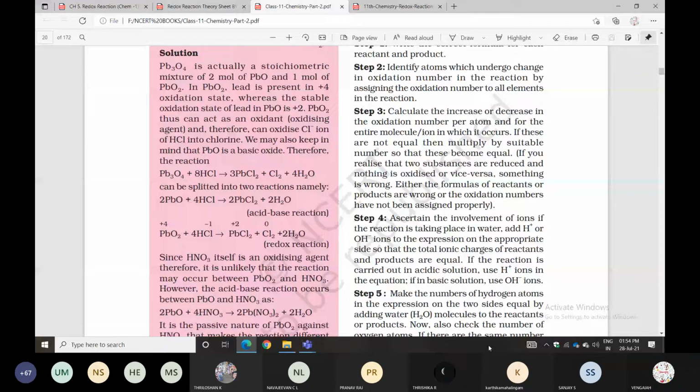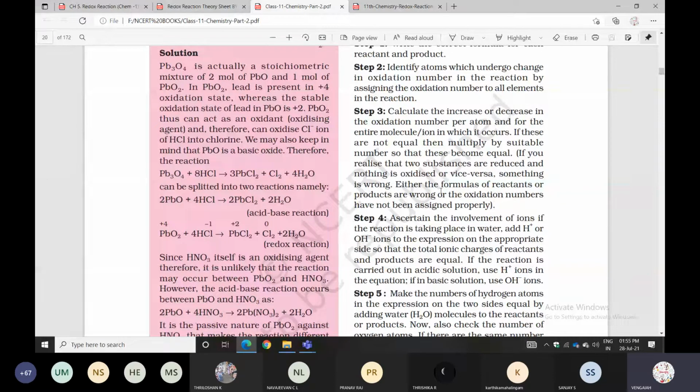Next one. Ascertain the involvement of ions. If the reaction is taking place in water, add H+ or OH- ions to the expression on the appropriate side so that the total ionic charge of reactants and products is equal.